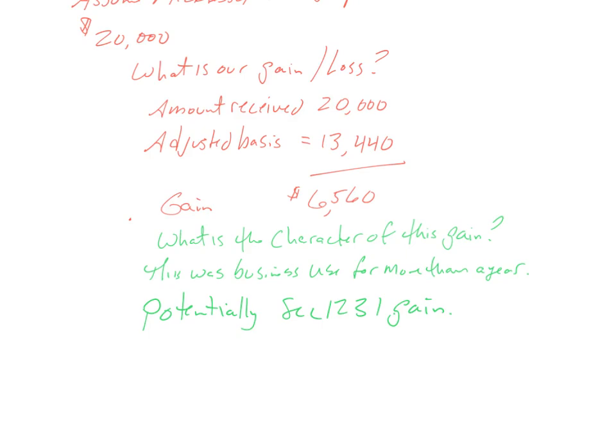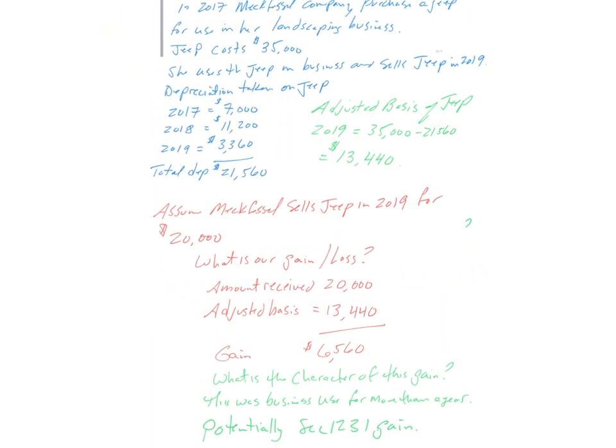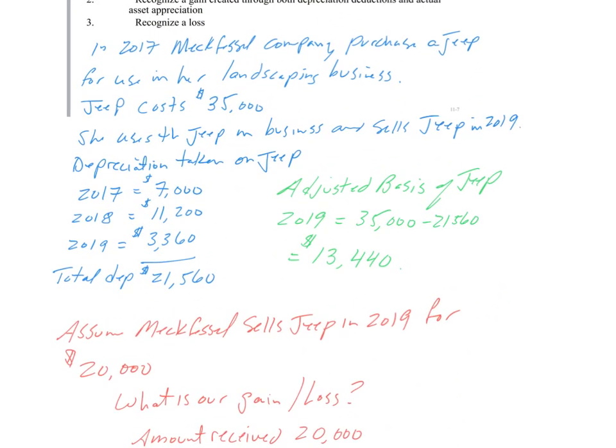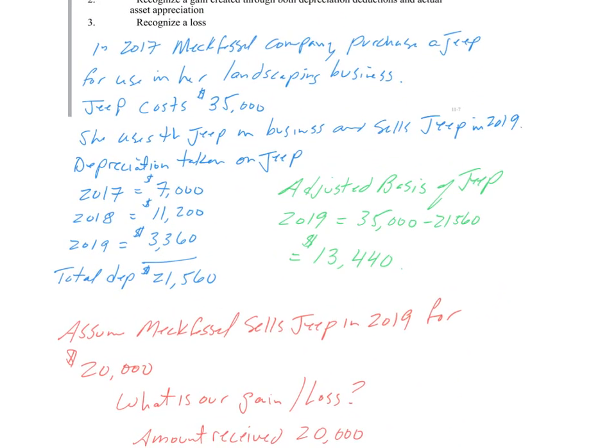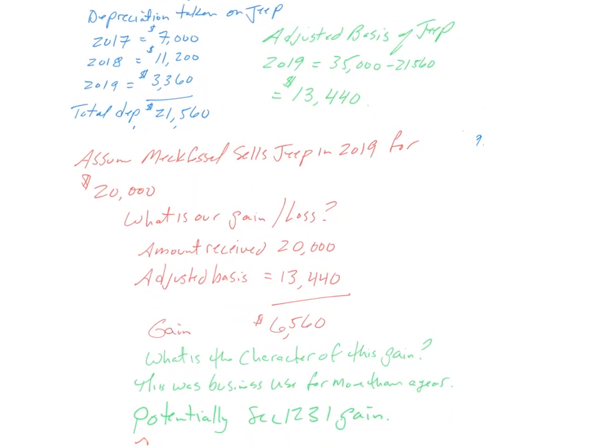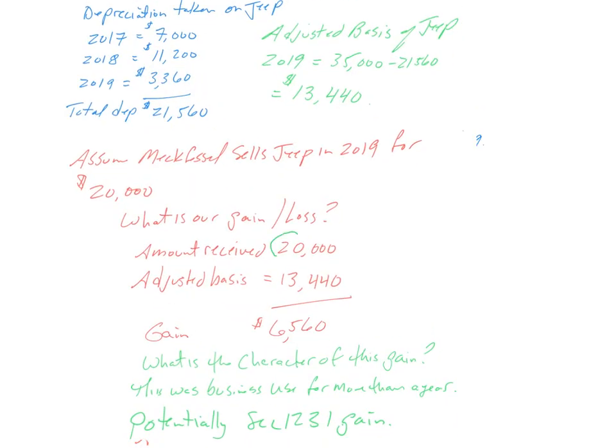What we have to do is look at the amount of gain and where that gain came from. So let's take a minute and pull back everything and look at our beginning facts. Our Jeep originally cost $35,000 and we sold it later for $20,000. So we sold it for less than we bought it for.